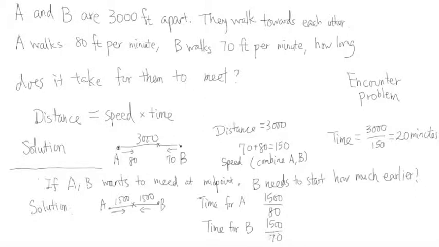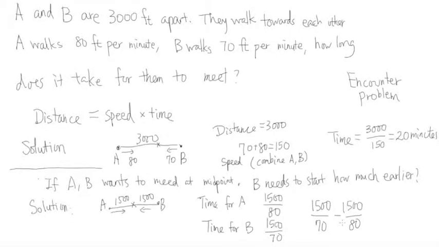Notice that the denominator for B is smaller, which means the fraction is bigger, so it takes longer for B. So it's clear how much more time we need to spend. Just take the difference. And this will be the amount of time that we need to get a head start.